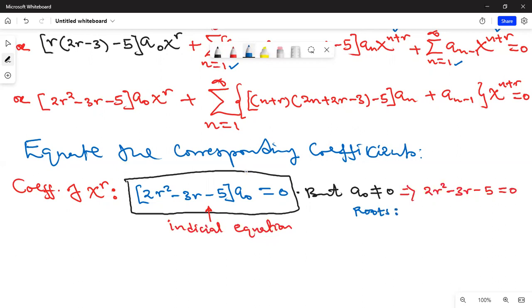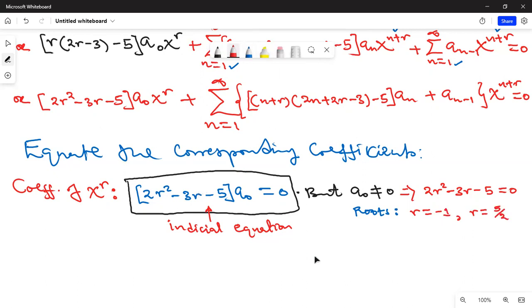Use any formula for solving a quadratic equation. So when you solve it, you get the roots: r is equal to -1, because there are two solutions. Another one is r is equal to 5/2. I hope you know how to solve quadratic equations.